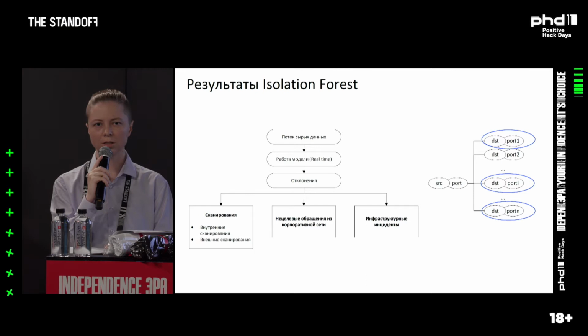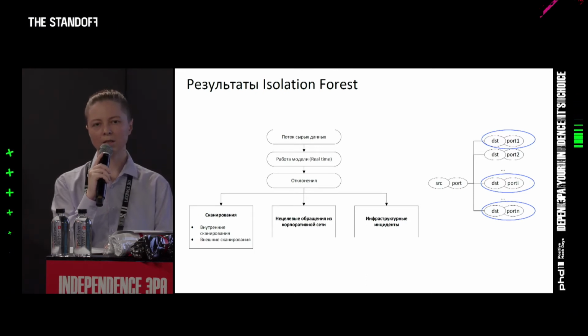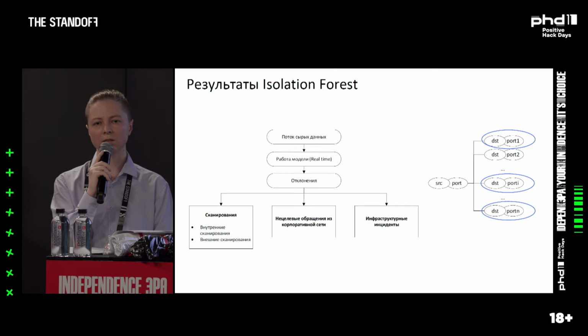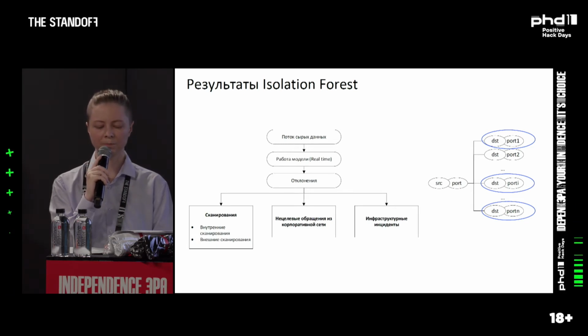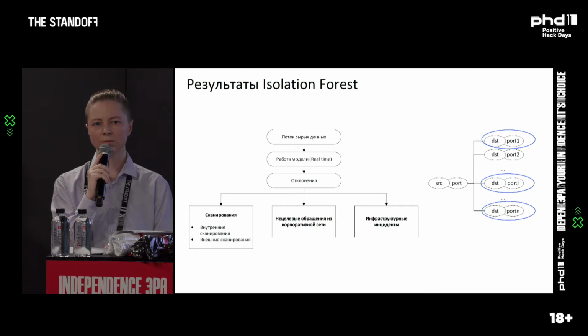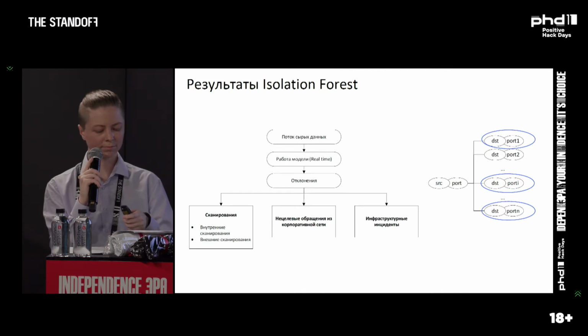Half of them turned out to be complicated false positives, but most of them were legitimate rare events or legitimate scans which would be carried out every fortnight. Thus, we detected them. All the other events would be split into infrastructure incidents and the real incident events.